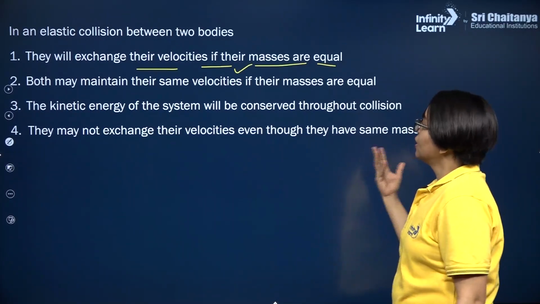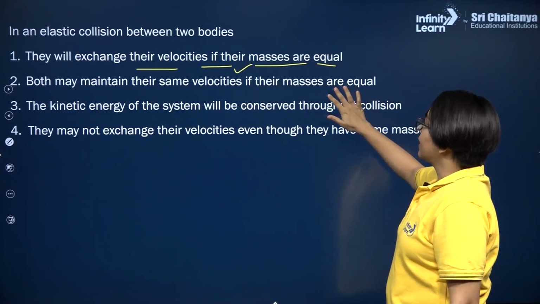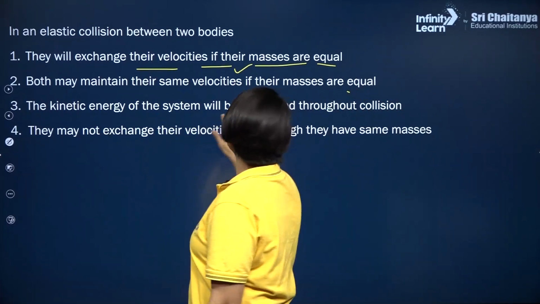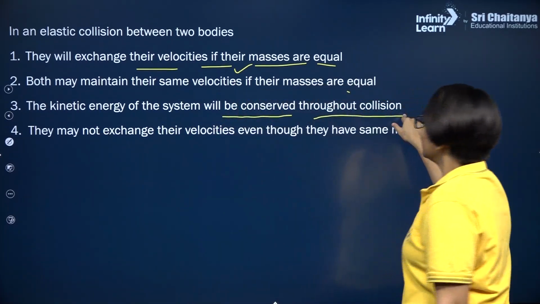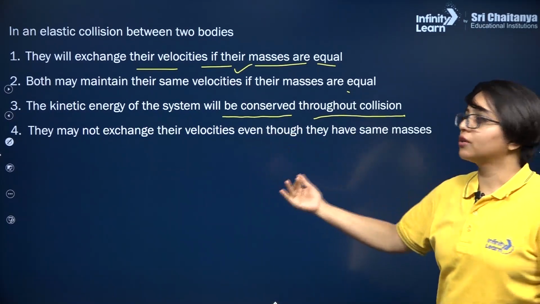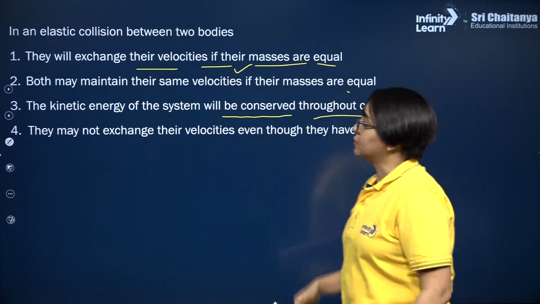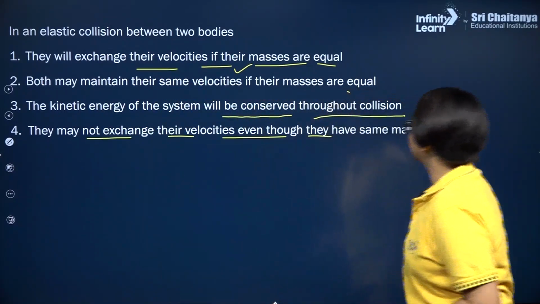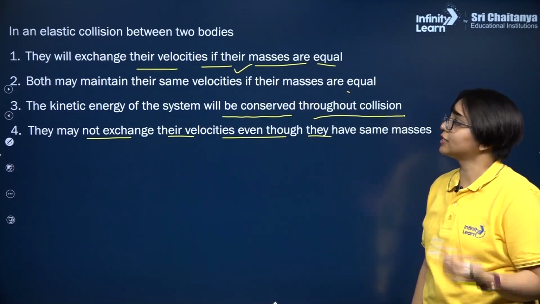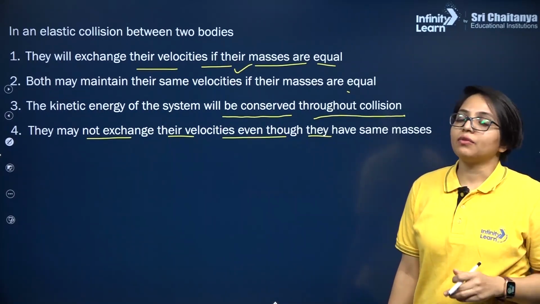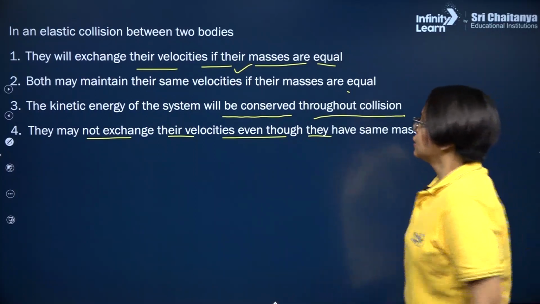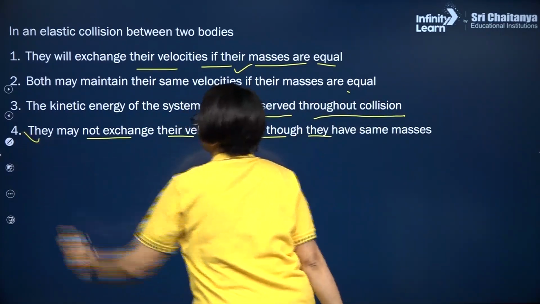No, it is not necessary that if they have the same masses, their velocities will be the same. The kinetic energy of the system will be conserved throughout the collision. Kinetic energy before and after the collision will be conserved. They may not exchange their velocities even though they have the same masses. Yes, they may not exchange the velocities even though they have the same masses, it depends on the nature of the collision, right? So the correct answer is option 4.